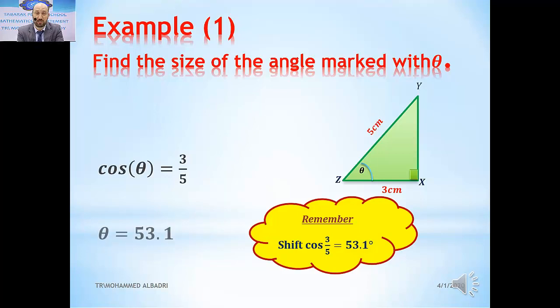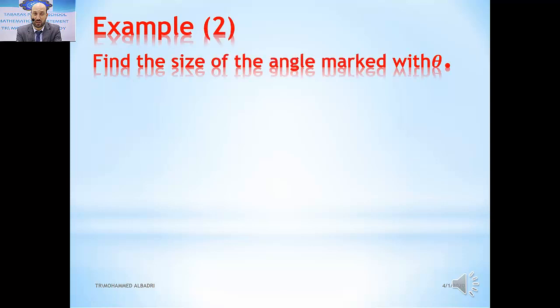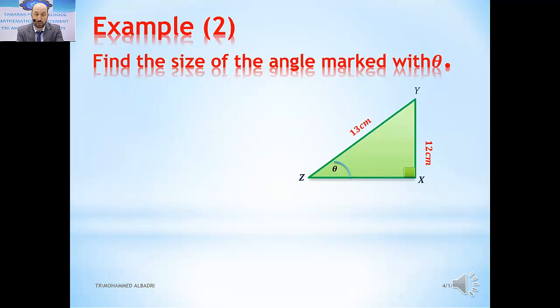Again, for example 2, find the size of the angle marked with theta in this figure. Here theta is Z, which lies between two sides. The longest is the hypotenuse and the shortest is the adjacent, so the third one is the opposite. We have the opposite and the hypotenuse, so the relationship is sine, and we want to find theta.